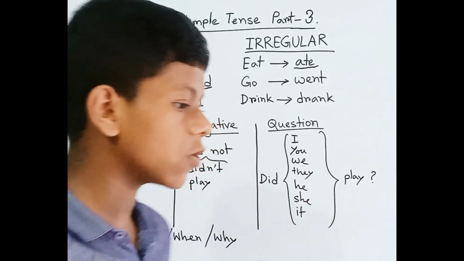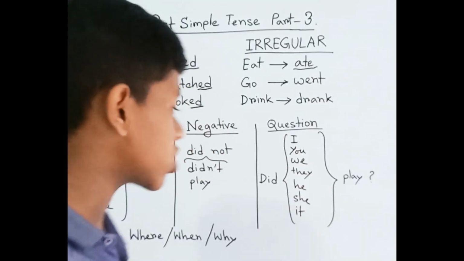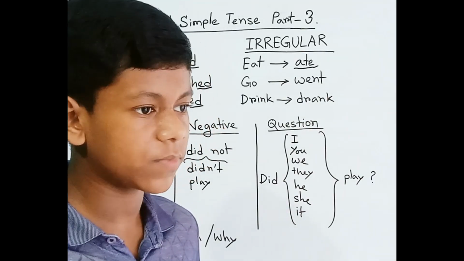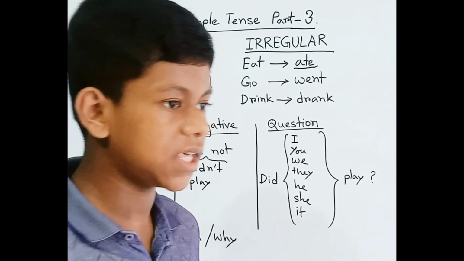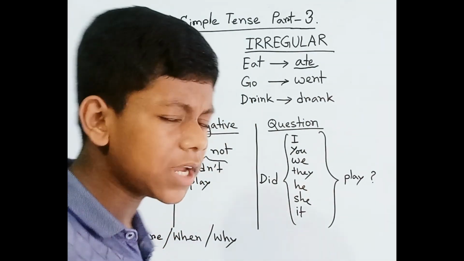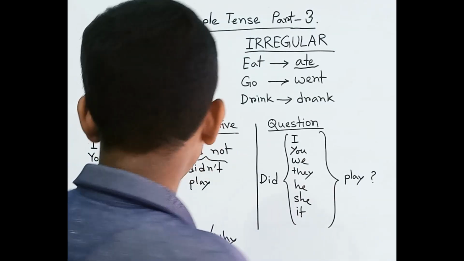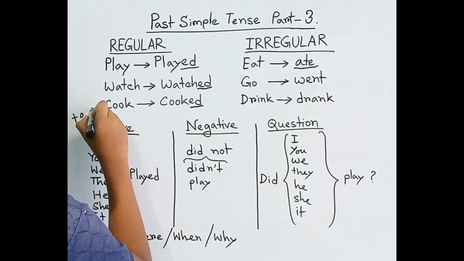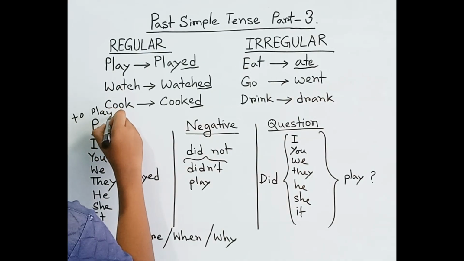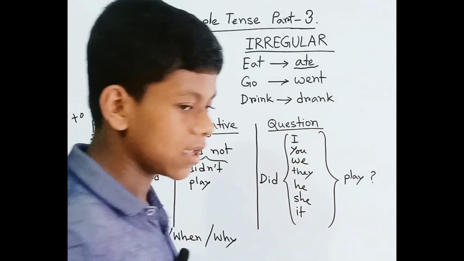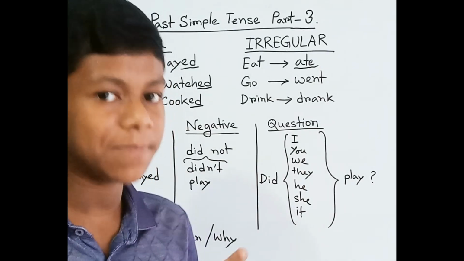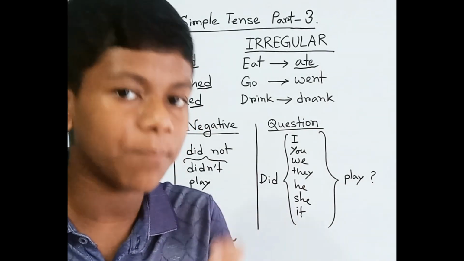First, what can be the base form of the verb? Here I have written played, so it must be to play. This is the base form, to play, or you can simply say verb one.